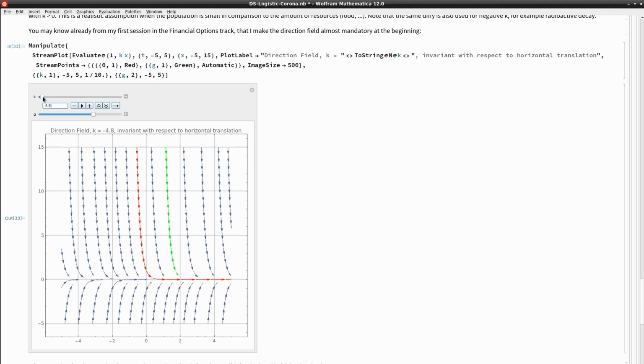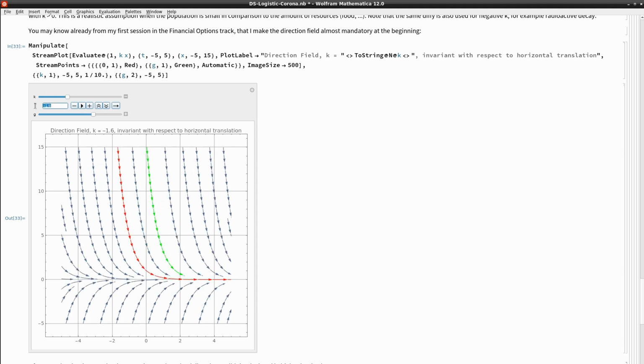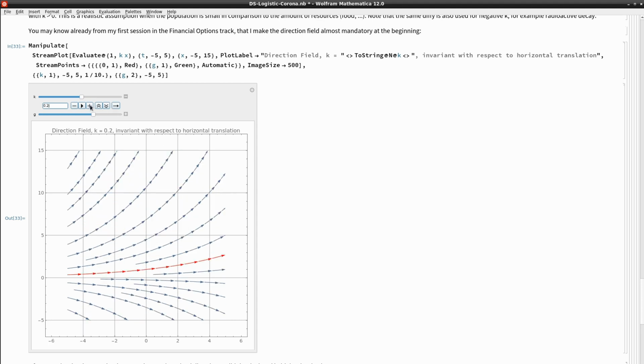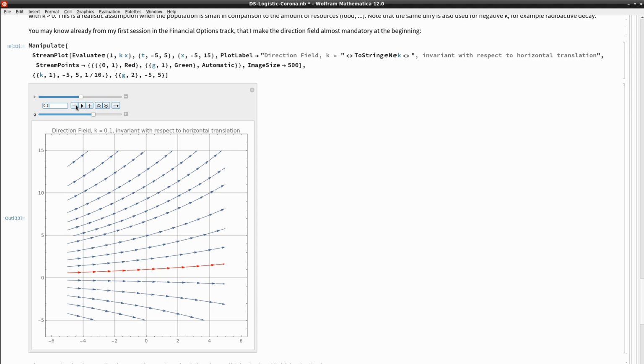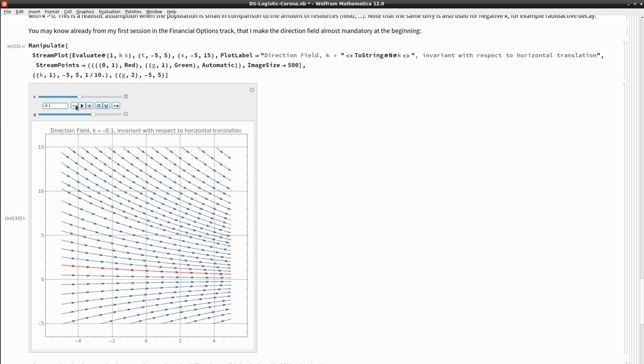So we get this behavior for negative k. For 0, of course, there is no growth process. You see that all the lines are parallel to the x-axis. All right, so for positive numbers, we get positive growth. And for negative numbers, we get something that you can really think of like radioactive decay.